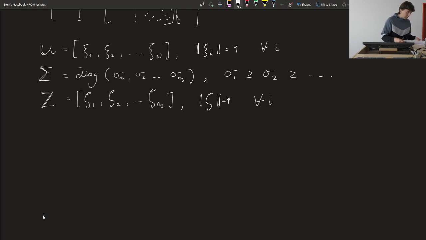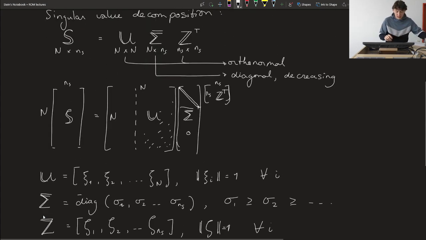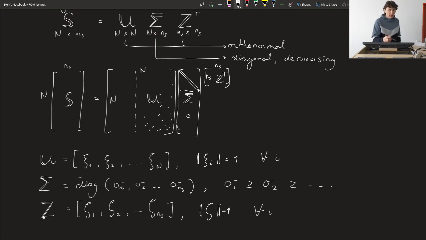Then, why was this so interesting? Well, we had this best rank approximation property. Each of these vectors in each of these matrices, if we work out the multiplication, we can see that the first vector multiplies by the first row vector in Z to form a matrix that has the dimensions of S, and is multiplied by the first singular value, sigma 1, and that carries most of the information in that matrix.